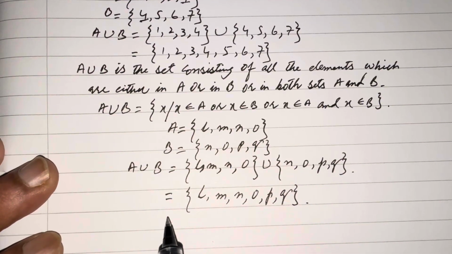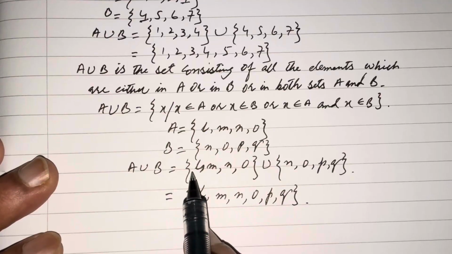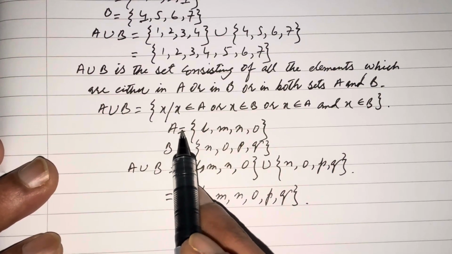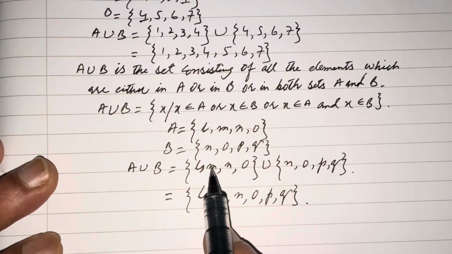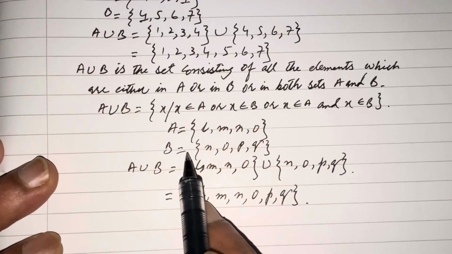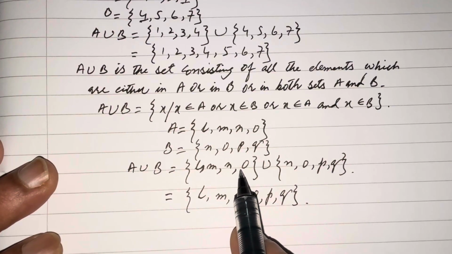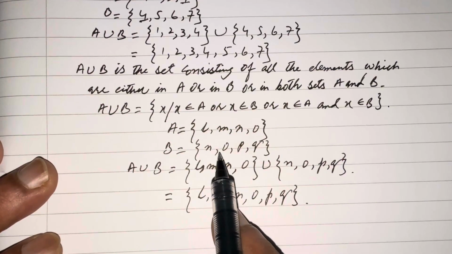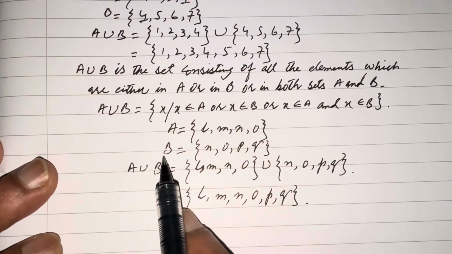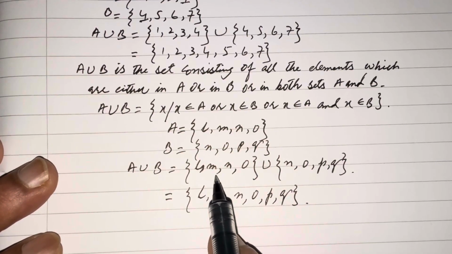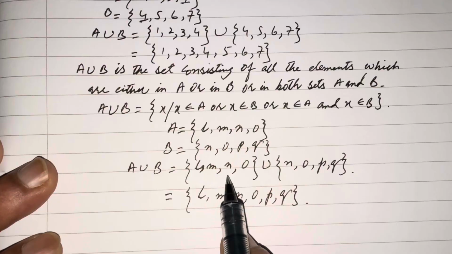So A union B means that A union B consists of all the elements of the given sets A and B, but there shouldn't be any repetition of any of the elements of the given two sets. L, M, N, O is the set belonging to A, and N, O, P, Q is the set belonging to B. When we find A union B, we will write only those elements which are not repeating.